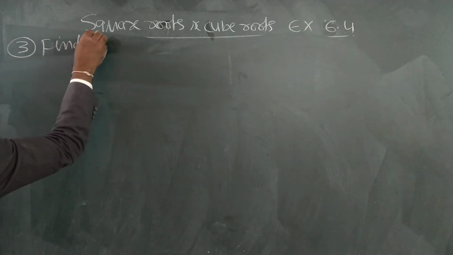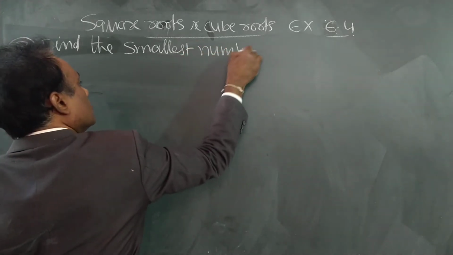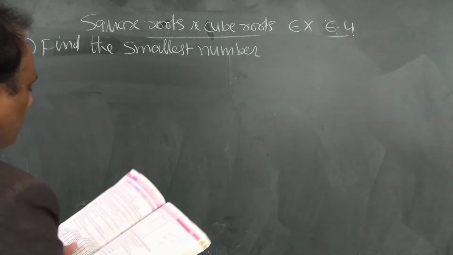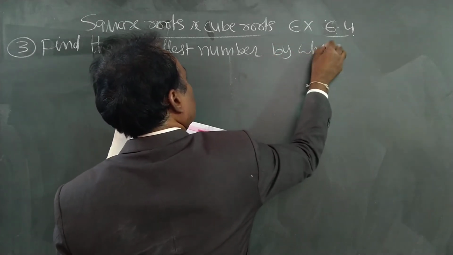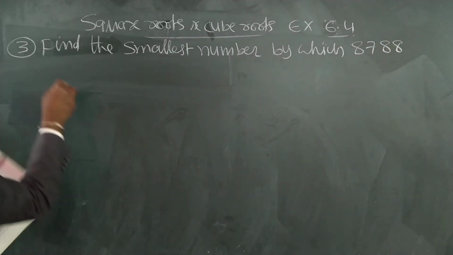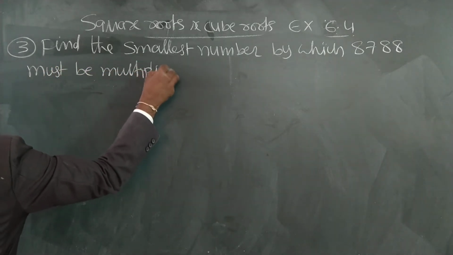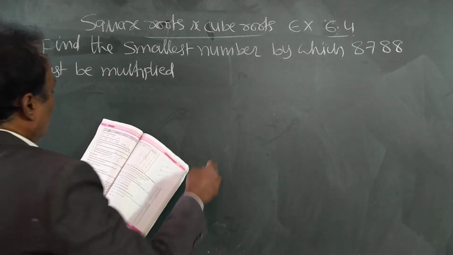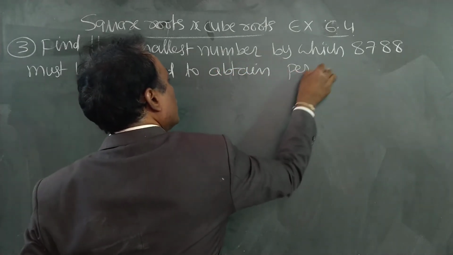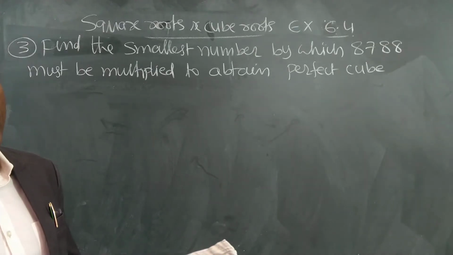Find the smallest number by which 8788 must be multiplied to obtain a perfect cube. Must be multiplied to obtain a perfect cube.